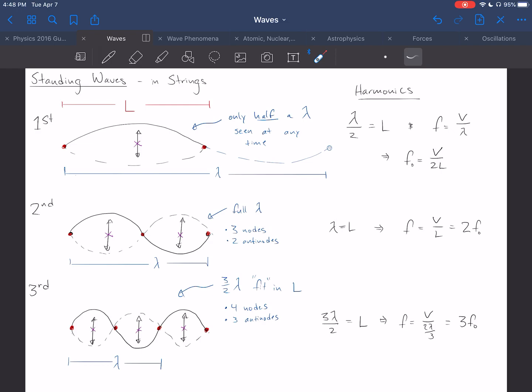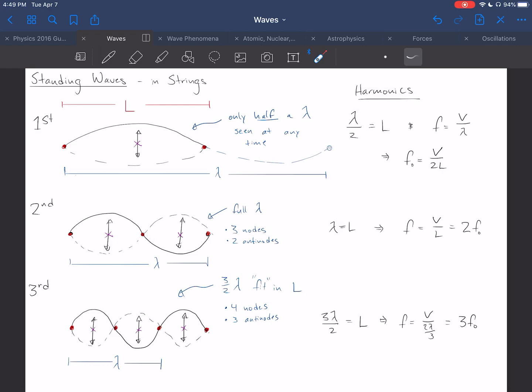All right, now consider the third harmonic. In the third harmonic, you have 4 nodes, 1, 2, 3, 4, and 3 antinodes. And here's where it gets a little bit tricky. Now, we're going to look at this diagram, and we need to figure out the relationship between the wavelength and the length of the string. So our question will always be, how many wavelengths fit in L?